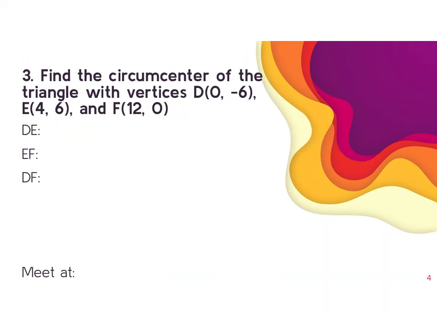In our next problem, it says find the circumcenter of the triangle with vertices D, E, and F. As you look at the word circumcenter, remember that that just means we have perpendicular bisectors, which is exactly what we did and worked on in example 2 and example 1.